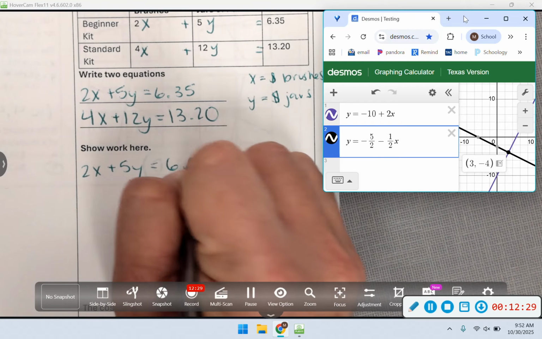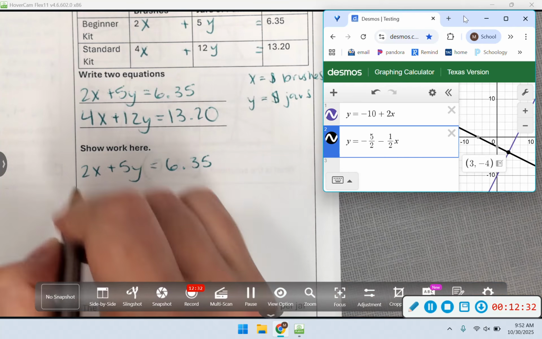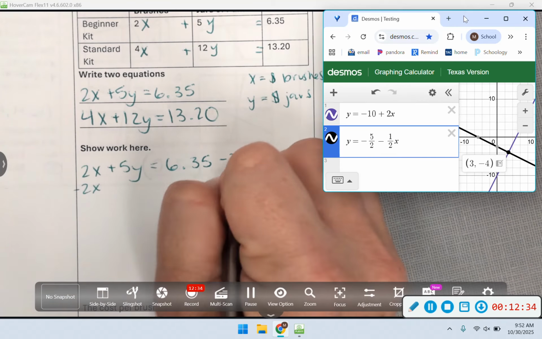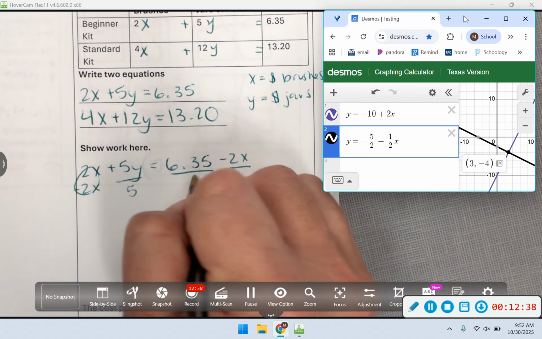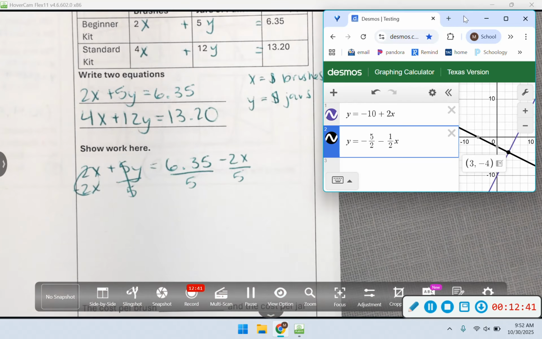And since this one has some weird decimals, I'm not even going to simplify. So move my x, divide by y, and I'm going to type it just like that.